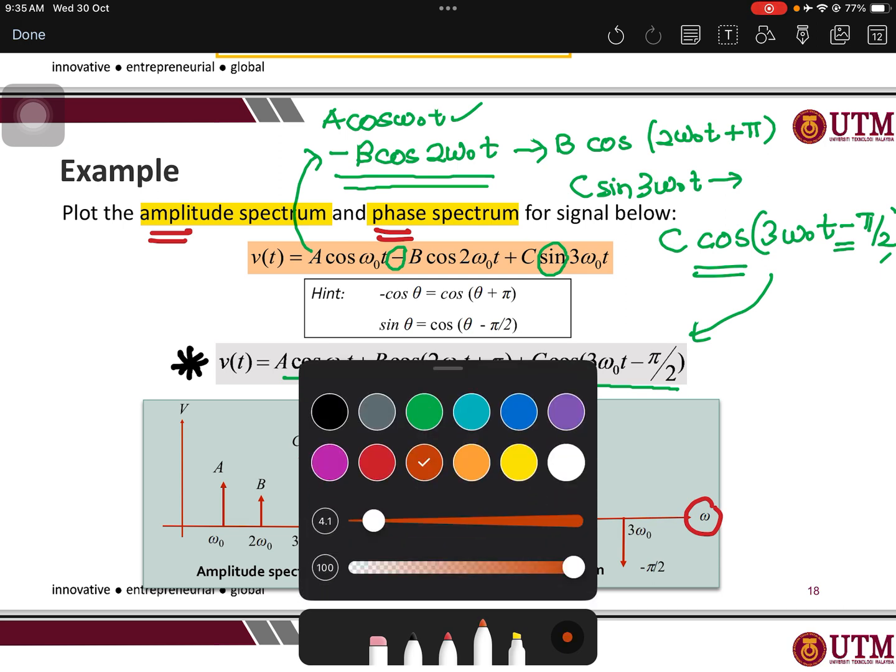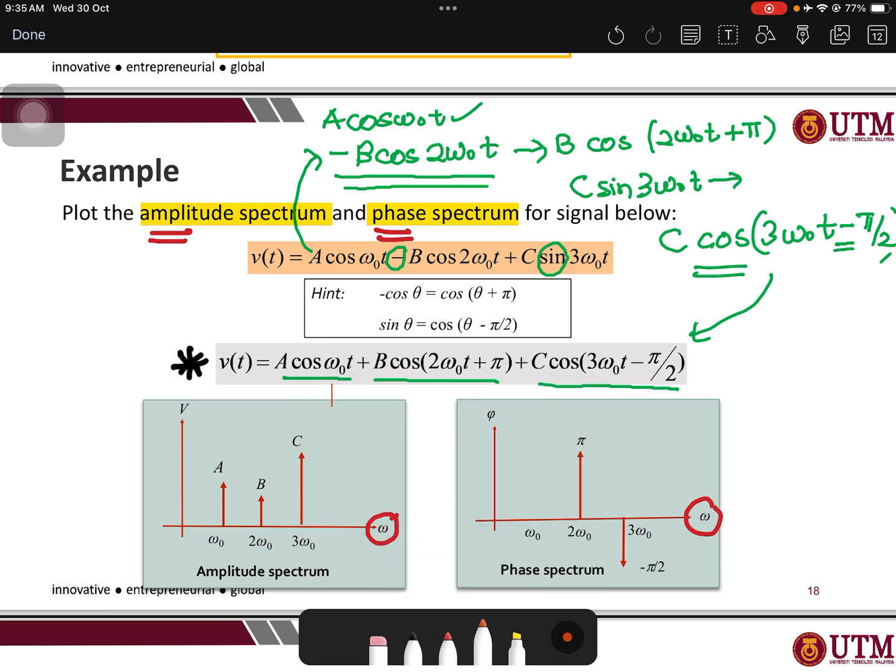This one is your omega naught, this one is 2 omega naught, and this one is 3 omega naught, which are your angular frequencies. So for both spectrums, the amplitude and the phase spectrum, you just follow the plot and put the x-axis: omega naught, 2 omega naught, and 3 omega naught.